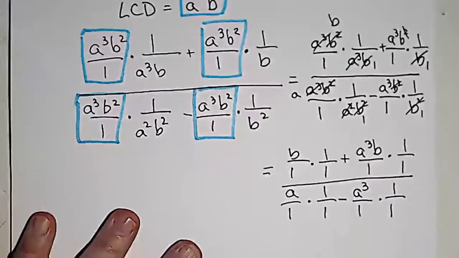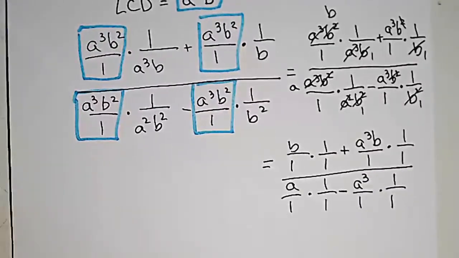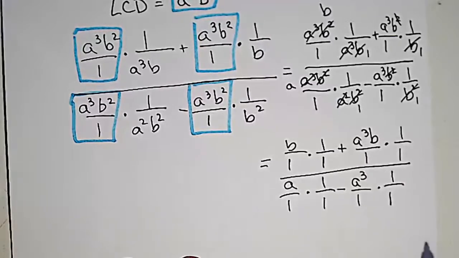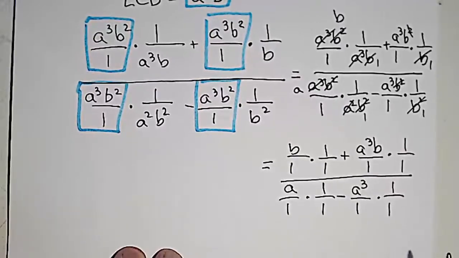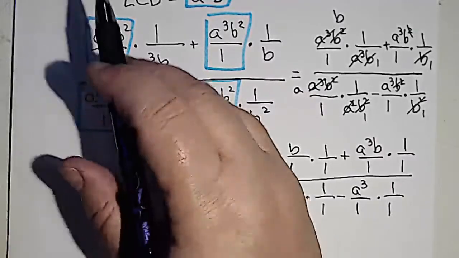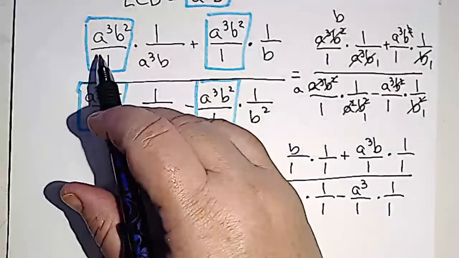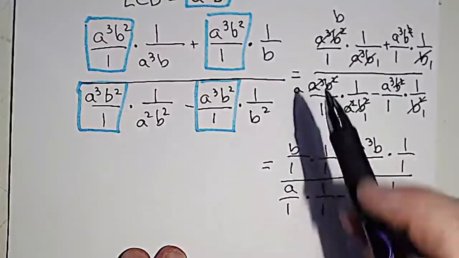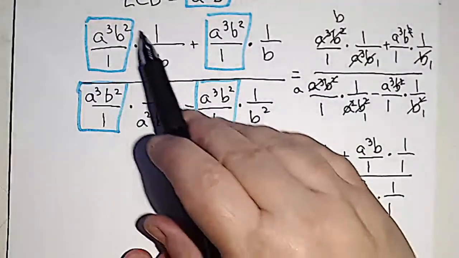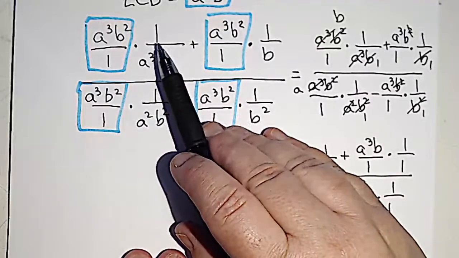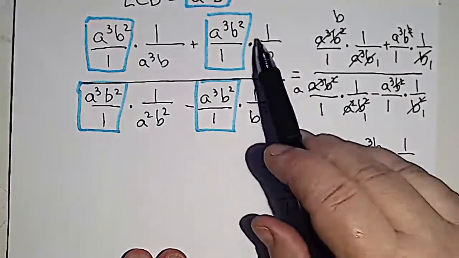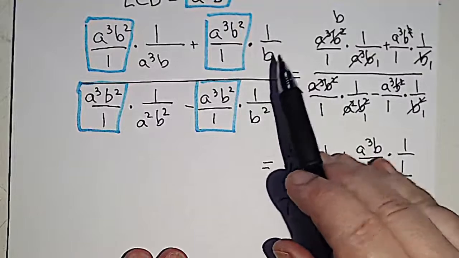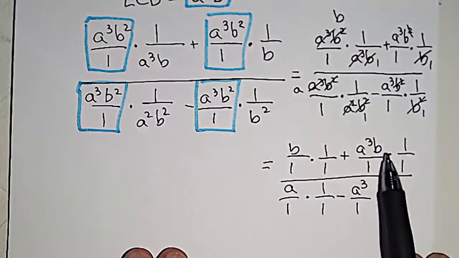Now, some people who are feeling lazy, and I totally understand that feeling, it's a strong one, want to just write the a cubed b squared once and cancel everybody. And the thing to understand about this is they're different things. This cancels with this one almost completely, and it only leaves a b. This one cancels here only with a b and leaves almost everything.